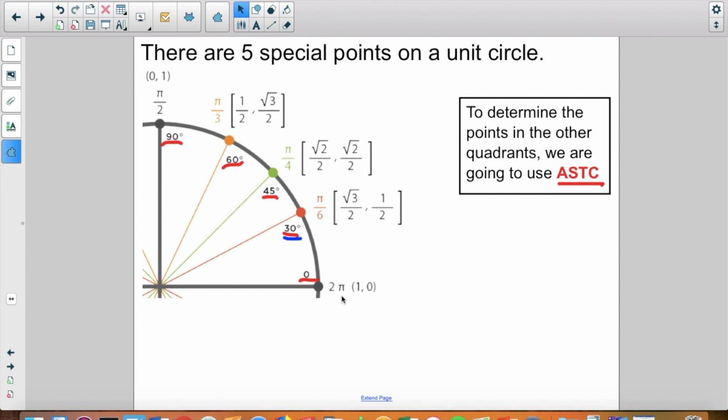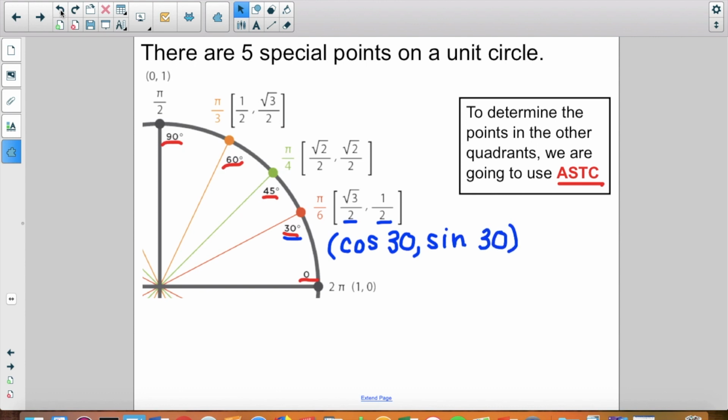Now I want to look at 30 for a second. It says that the coordinate for 30 is radical 3 over 2, comma 1/2. This is telling us that we have the cosine of 30, comma, the sine of 30.